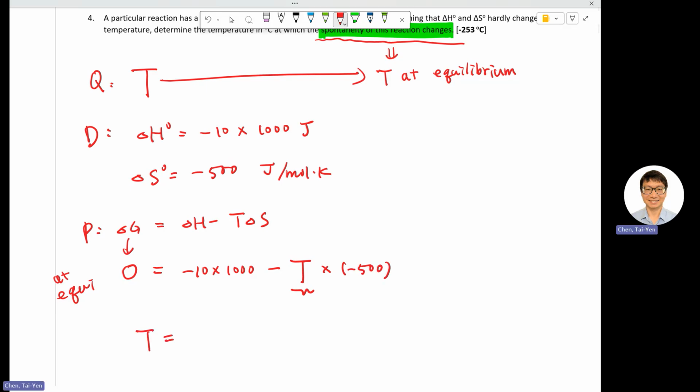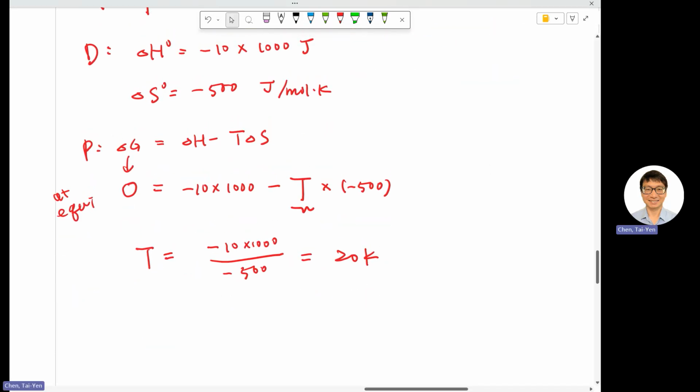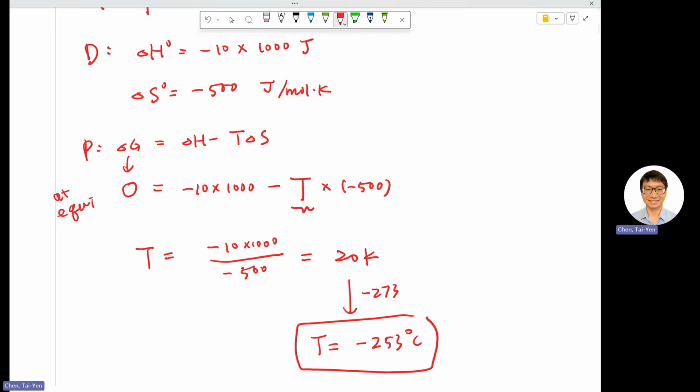Therefore your temperature will simply equal -10,000 divided by -500. This should be 20 K, okay? But you want the temperature in degrees C, so minus 273, and you get the temperature equal to -253 degrees C. This is how you solve this problem.